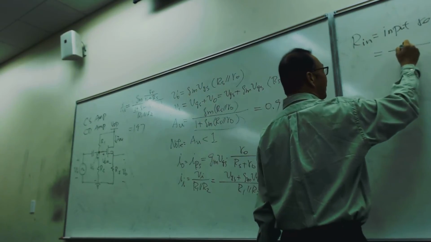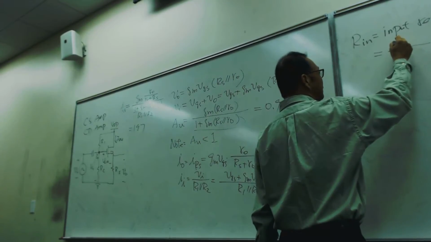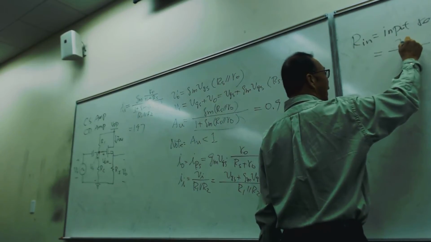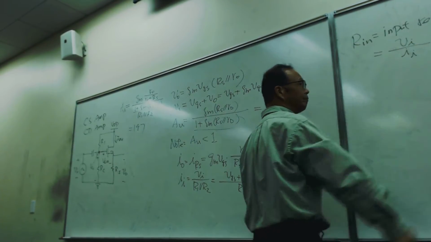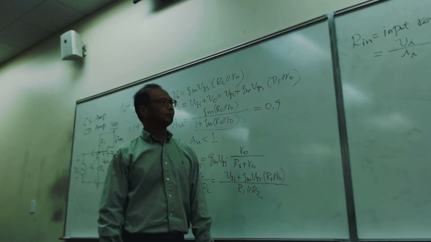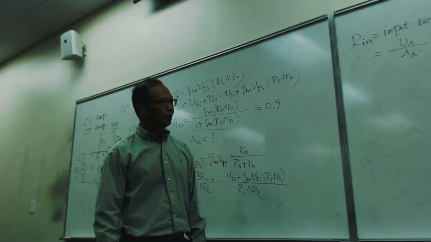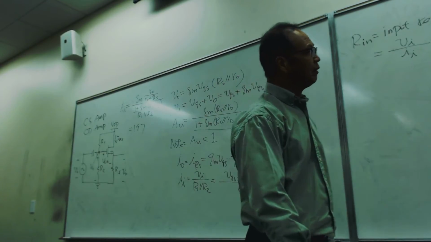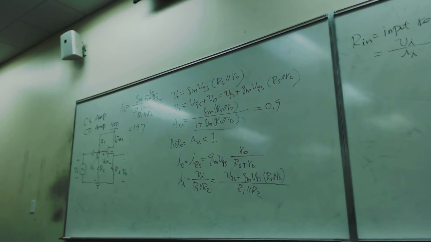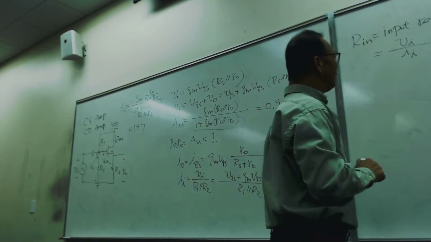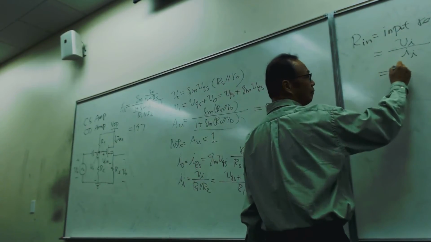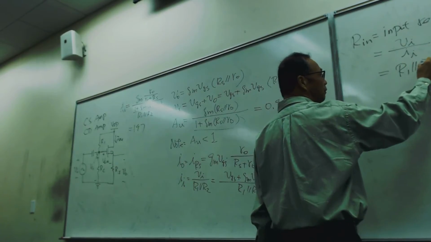It is V I over I I, correct? Simple, isn't it? Because this is not connected. If this were connected, it's a different story. It's not connected, so you have a single loop. So R sub in is R1 in parallel with R2, correct?